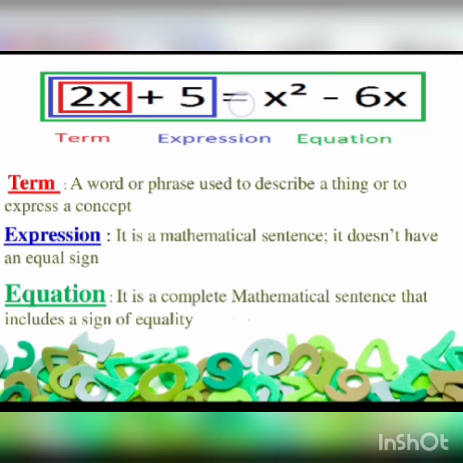So 2x plus 5 equals x squared minus 6x is referred to as an equation, or in other words, an algebraic equation. Now there are some definitions here. You can write them, take note of those definitions.